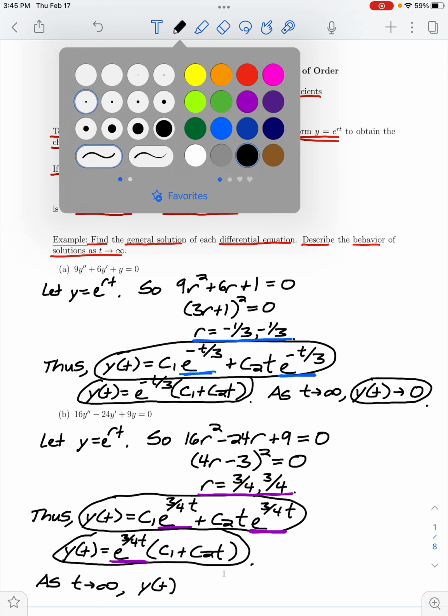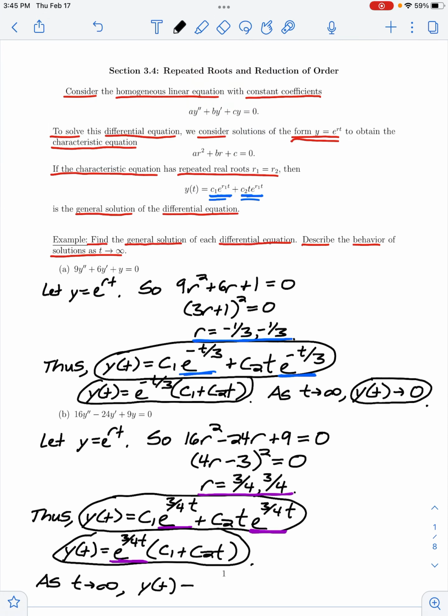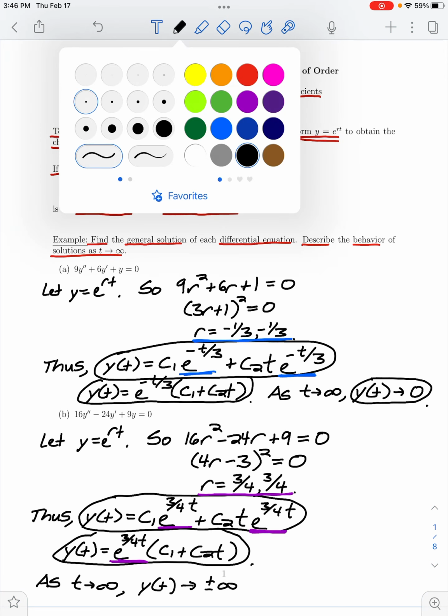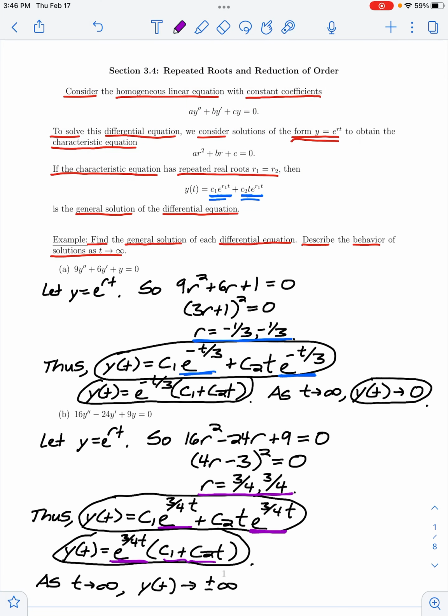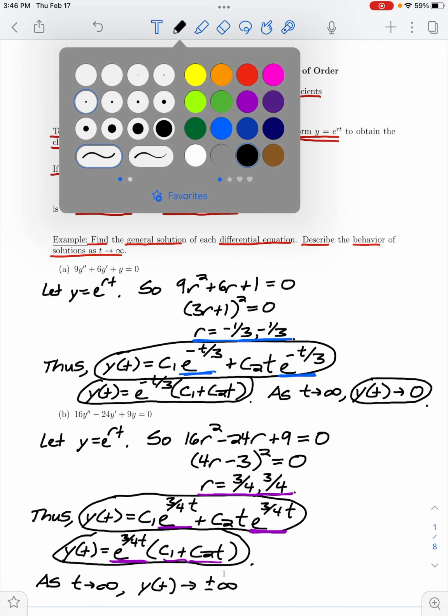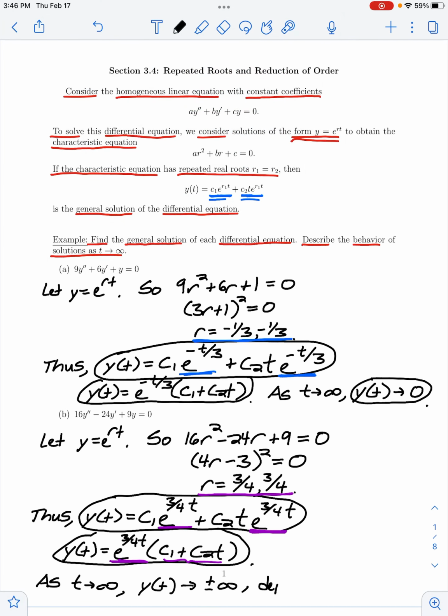So the values of y of t here will approach either positive or negative infinity, depending on the value of these constants, c1 and c2. So here we could approach positive and/or negative infinity, depending on what sign the constants have.